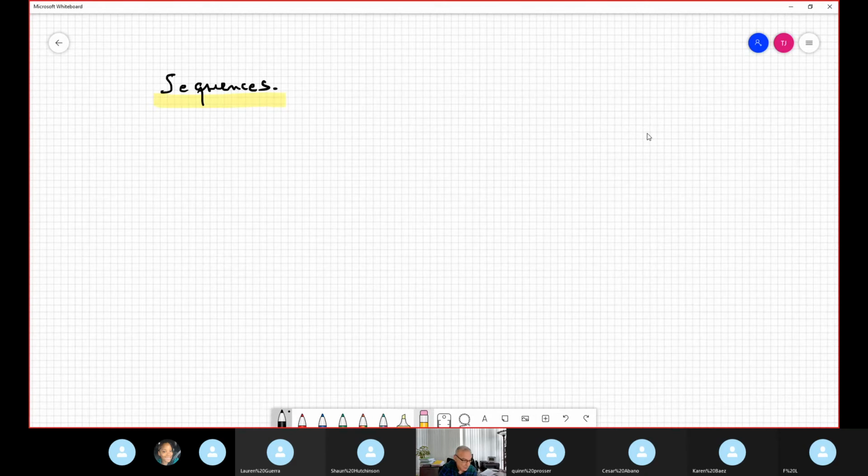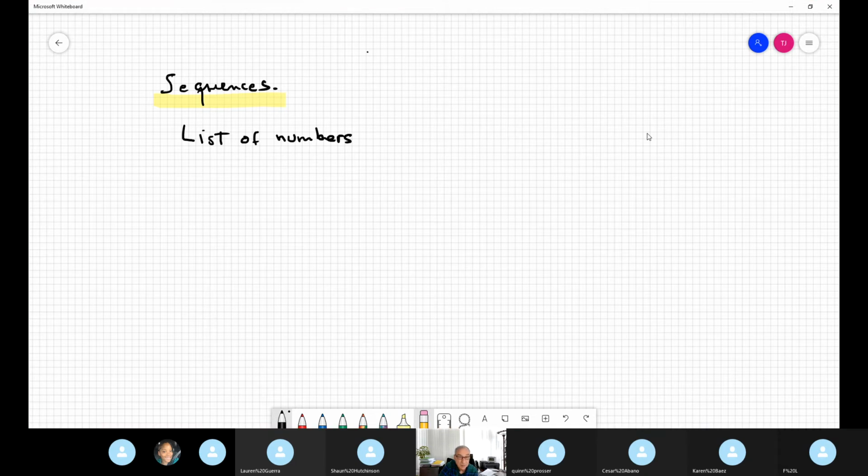Okay, a sequence is like a list of numbers, no? It's a list of numbers, but not crazy, well done, that satisfies one specific mathematical law. Basically, you can interpret it like a function, but the domain of the sequence is the natural numbers.